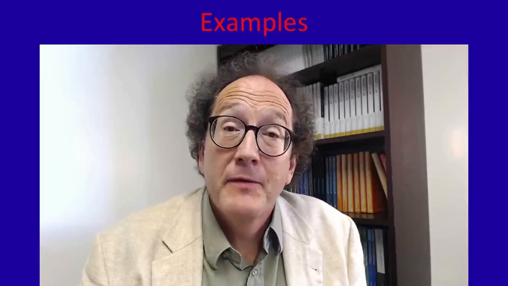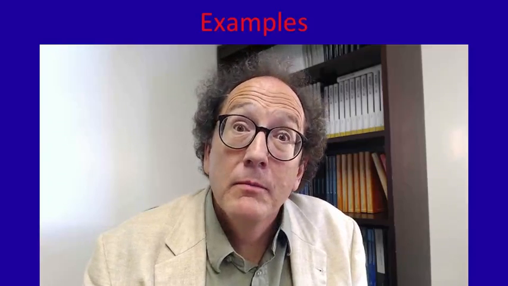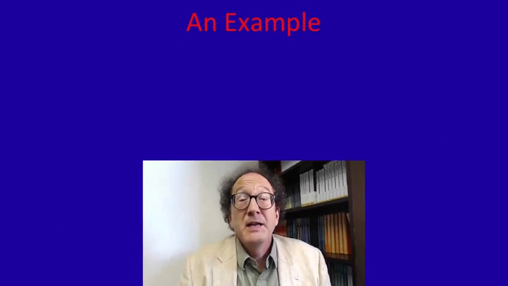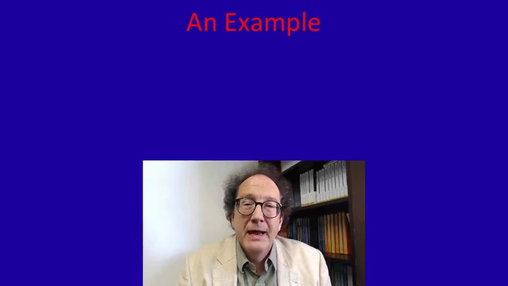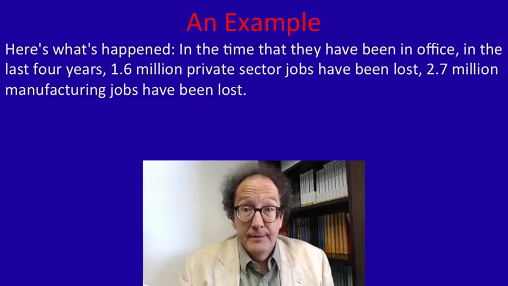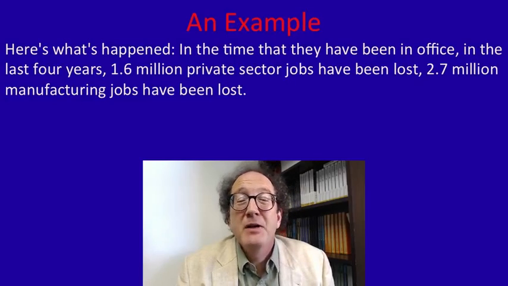Yet another example of excess verbiage is, well, examples. Here's an example of that. A different politician in the same debate said this: here's what happened. In the last 4 years that they have been in office, 1.6 million private sector jobs have been lost. 2.7 million manufacturing jobs have been lost.